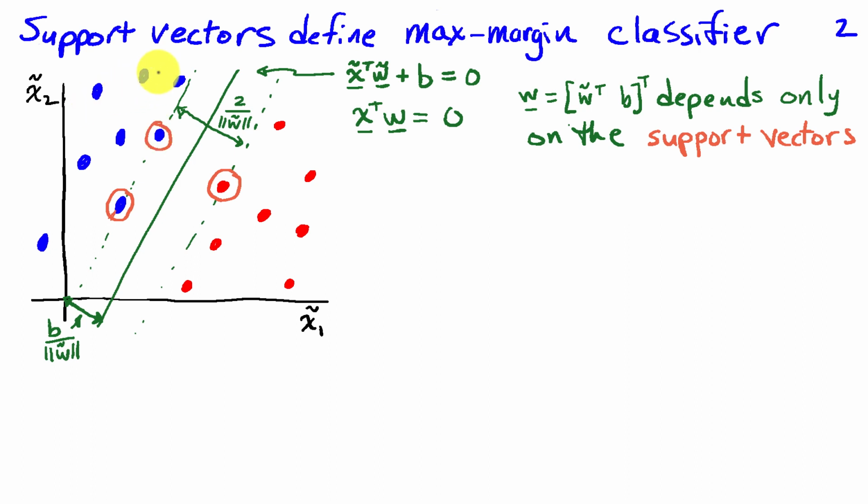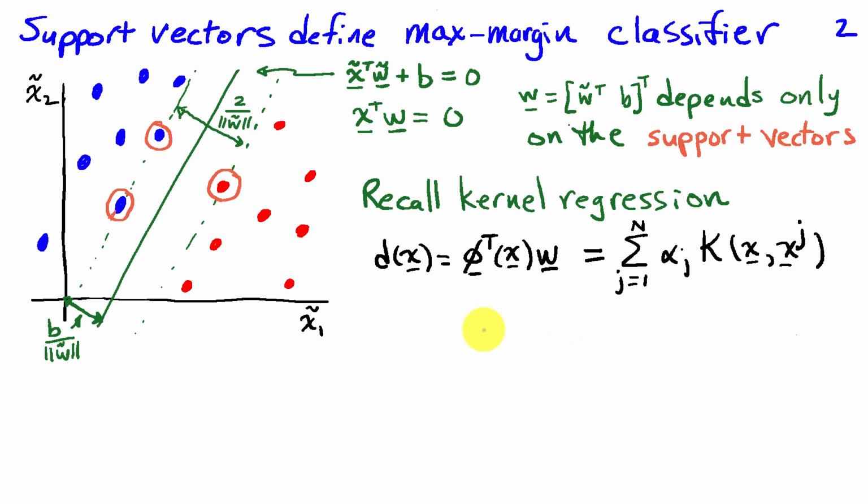In other words, the boundary is not affected by these measurements that I'm circling up here in the upper left, or these red ones down here in the lower right. So the decision boundary depends only on these points, which we're calling support vectors. The other data points don't affect the decision boundary.